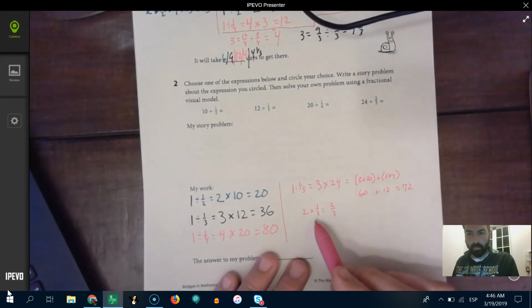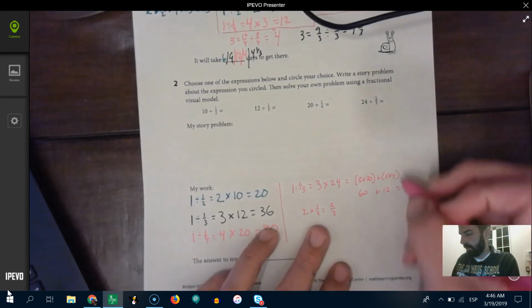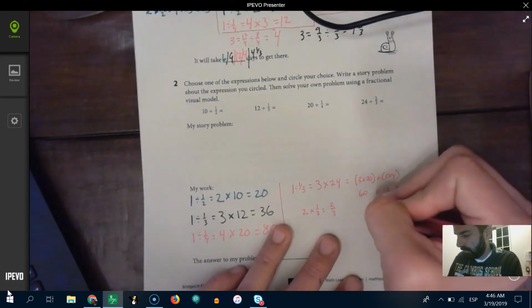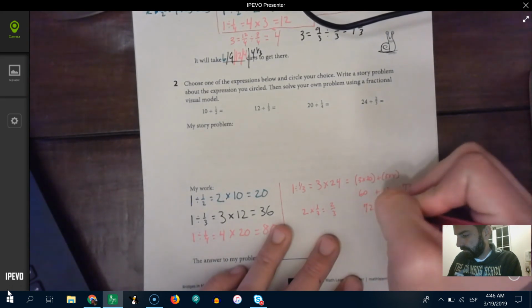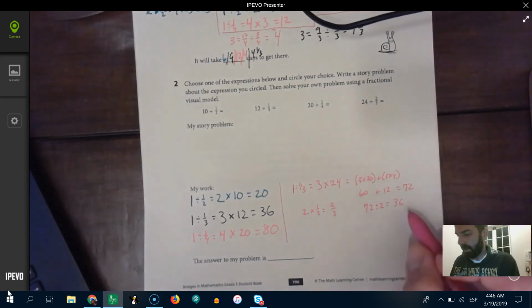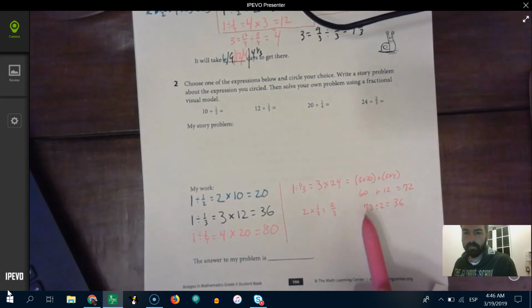So 2/3 is double 1/3. Because the size of what I'm looking for is double, I can just take half of this number, and that's going to give me 36. So your answer would be 36. There are 36 2/3s in the number 24. All right.